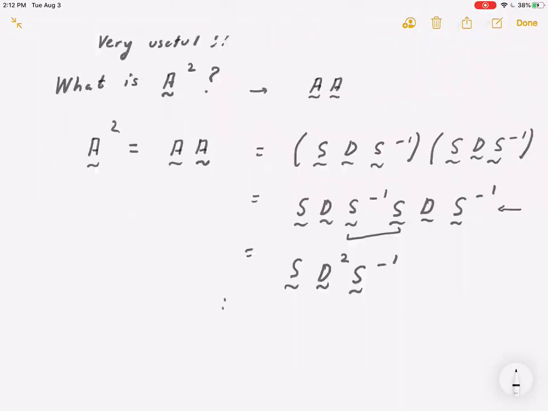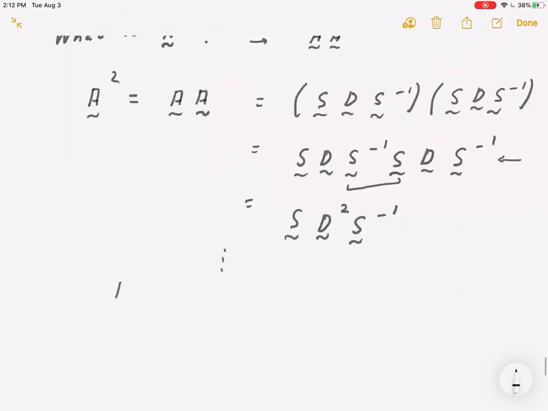Now you can keep doing this. You could take A and raise it to the 5th power or the 10th power.